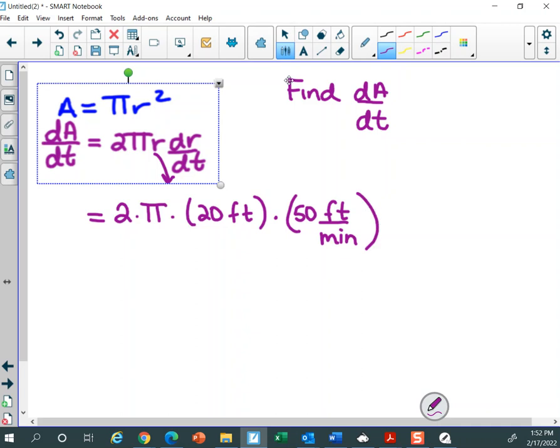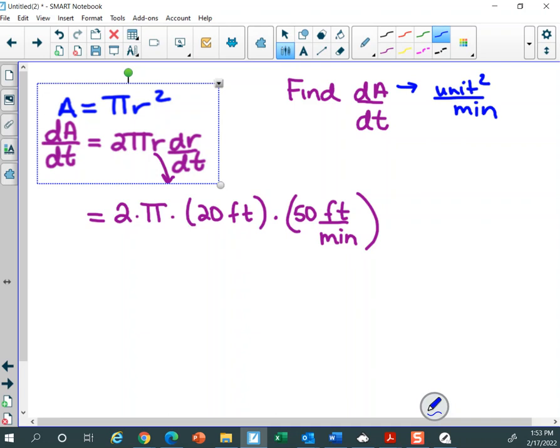This is also a good check for us as to include the units and be clear on the units, because that tells us a lot about whether we're actually using numbers the right way. I'm looking for a rate of change of area. Area is measured in some kind of units squared.